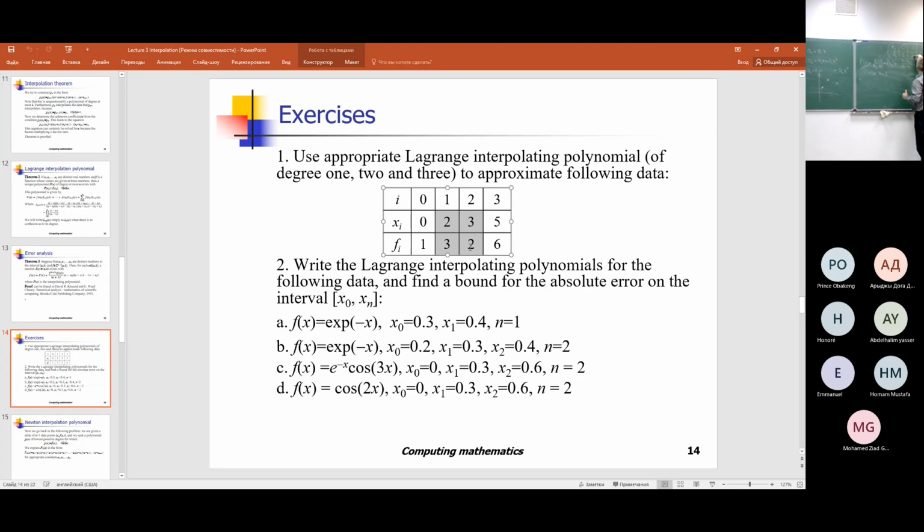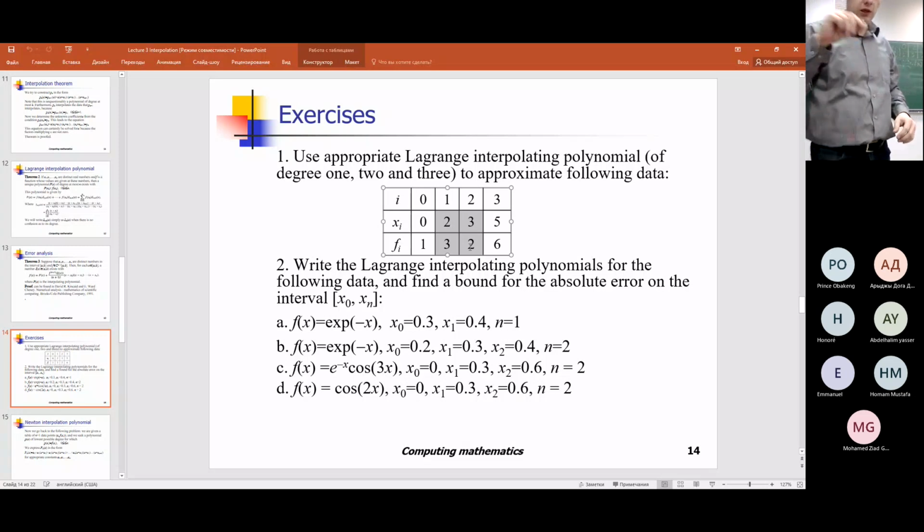Let's find a polynomial of degree 1 that passes through these two points.